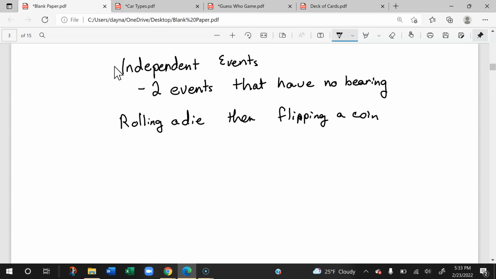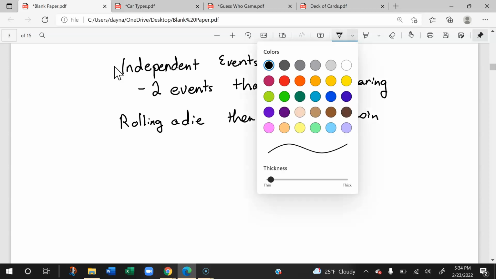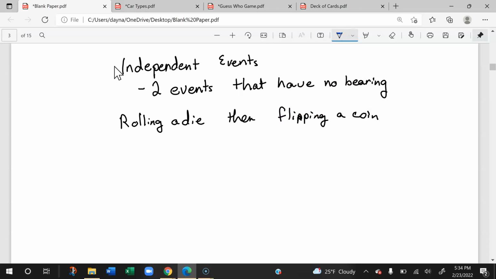When things are independent of each other, such as rolling a die, flipping a coin, if I want the probability of rolling a 4 and flipping a head, what we do is with the and independent events, we're going to take the probability of getting a 4 and multiply that by the probability of getting a head.